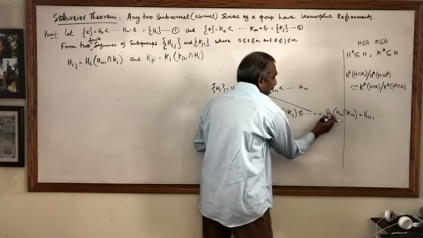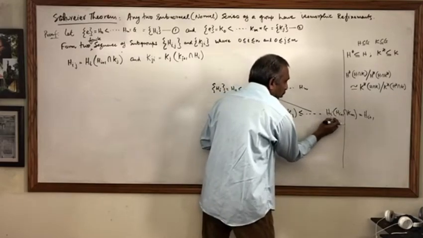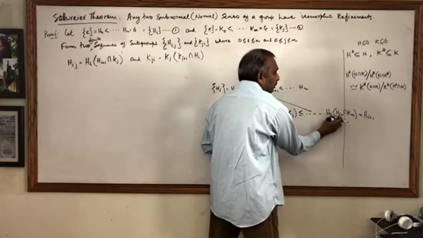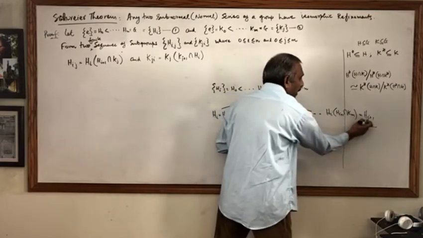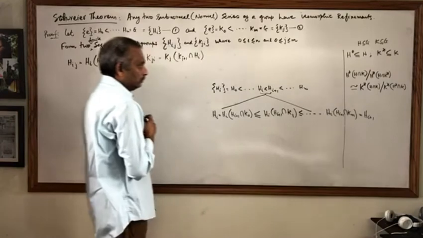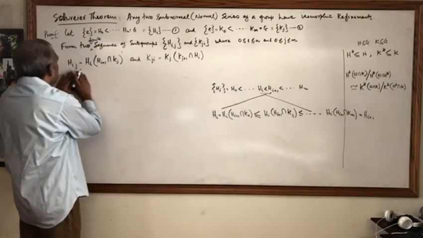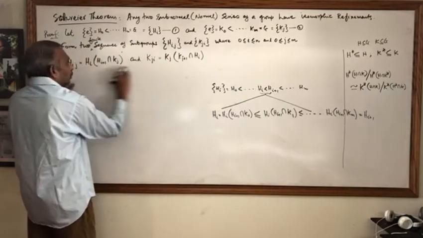But Hi is a subgroup of Hi+1, so Hi times Hi+1 will be Hi+1. And that is how we create the sequence.